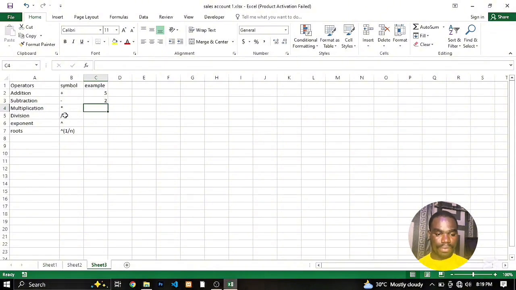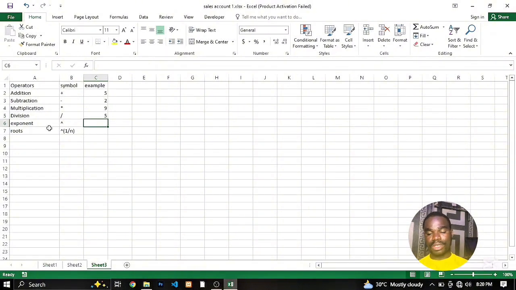So we have equal to 3 multiplying 3. Then you hit enter, you get 9 right here. I believe you understand. The next one is division, equal to 5 divided by, let's say, 1. Hit enter, I get 5, right?